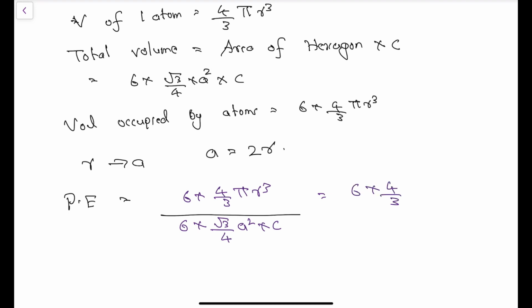So this is equal to 6 into 4 by 3 into pi r cube divided by 6 into root 3 by 4 into, so this a square can be written as 2r the whole square into c.